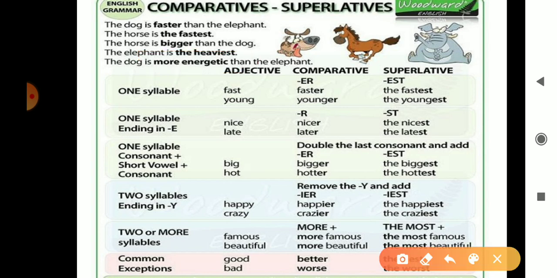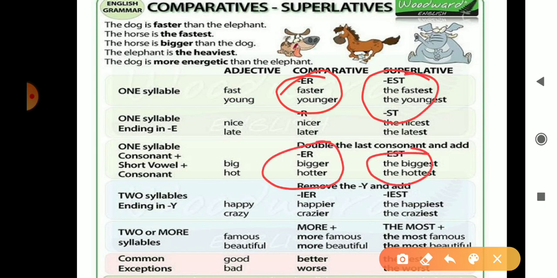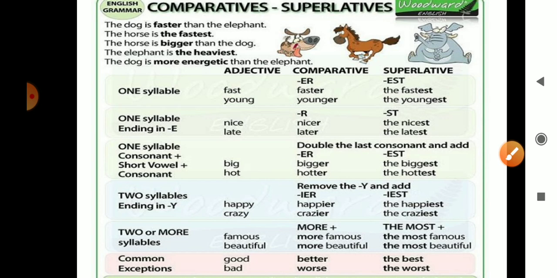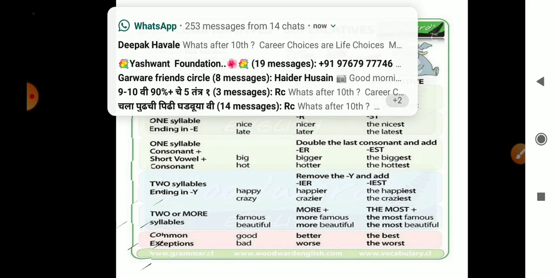See here, when we have to use ER, when we have to use EST, read it carefully so you will get it. When we have to use IER, then more and better, that we have already seen, but just note it down in your notebook. Let's move towards the next slide.